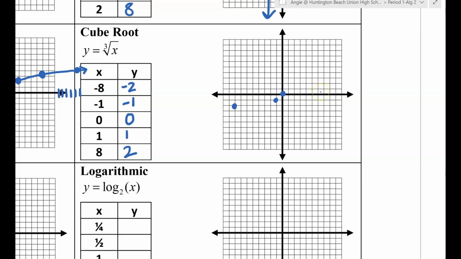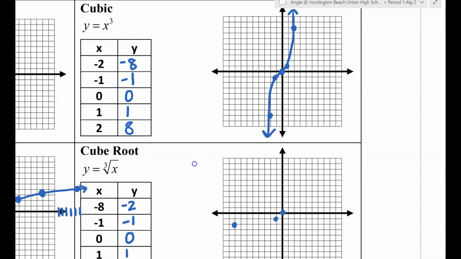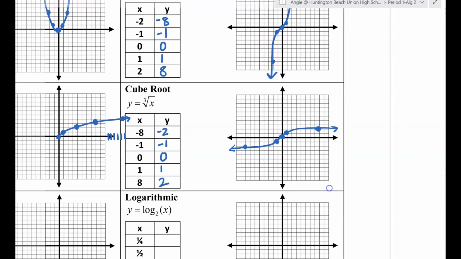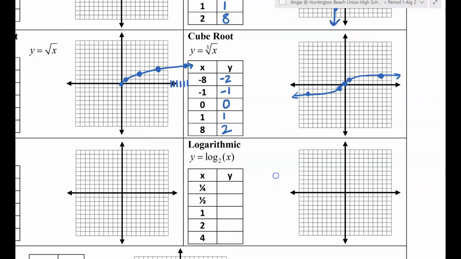If you look at the cube root and the cubic, there are some similarities. Can you see that this is hugging the x-axis here, and then the cubic function is hugging the y-axis? And look at that, the inputs and outputs are kind of swapped.